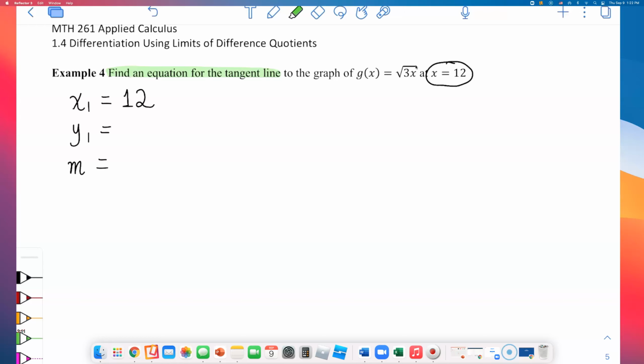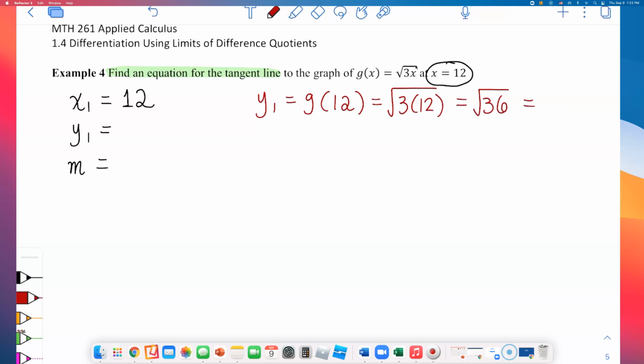When x is 12, let's find what y is. y1, the y value, is what we get when we plug in 12 into g of x. So what will that be? I have to do 3 times 12, and that is square root of 36.